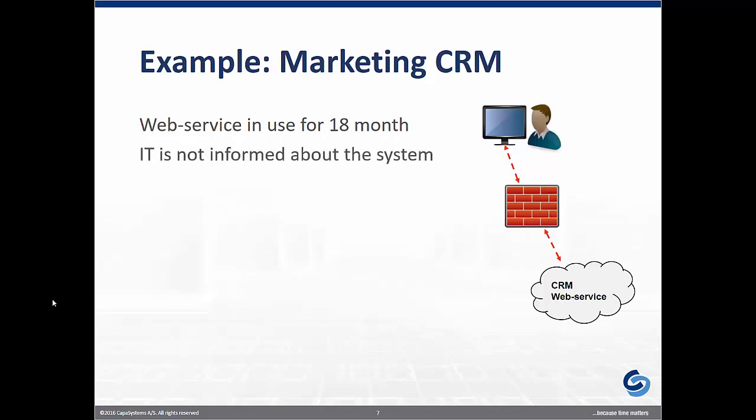Everything worked fine for 18 months. There was no reason whatsoever to involve the IT department in the operation of the CRM service.